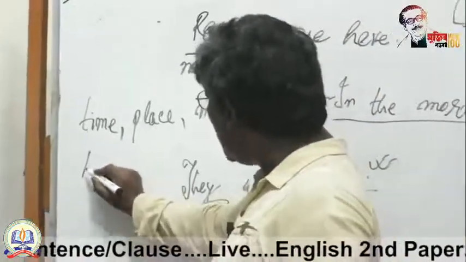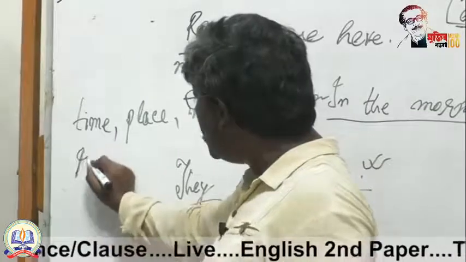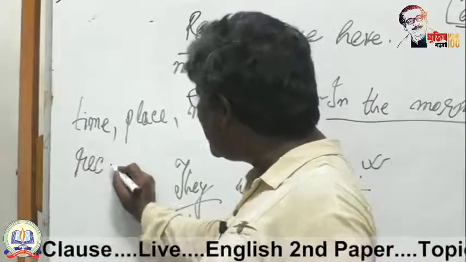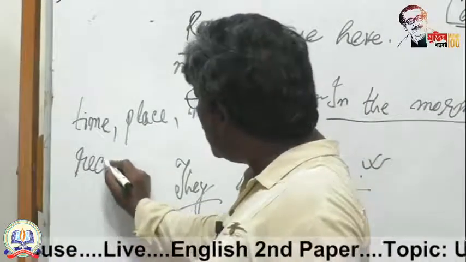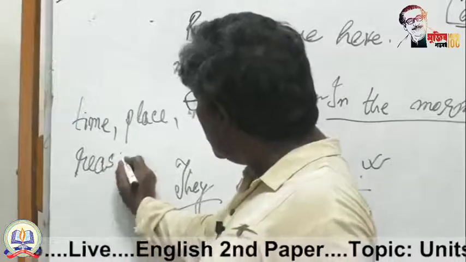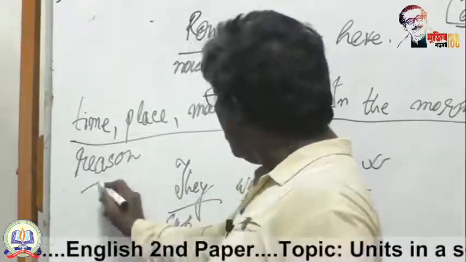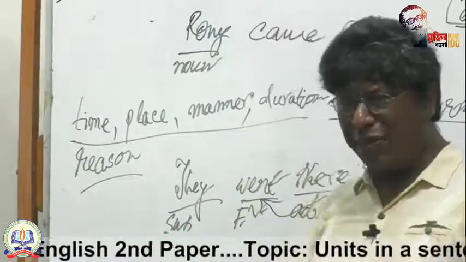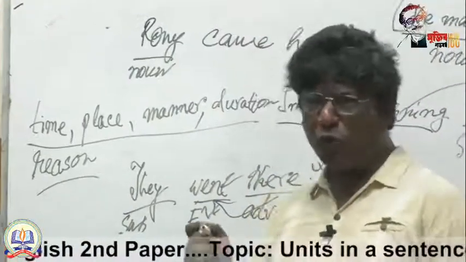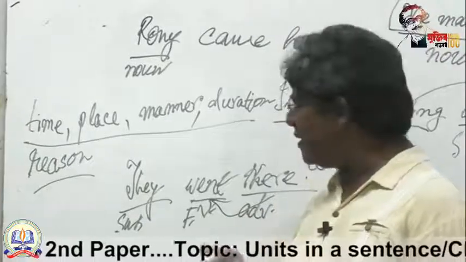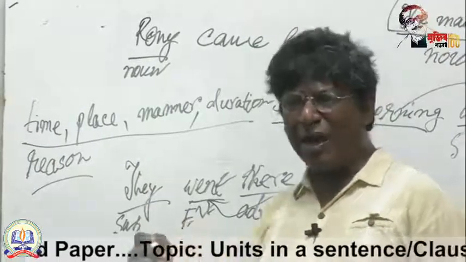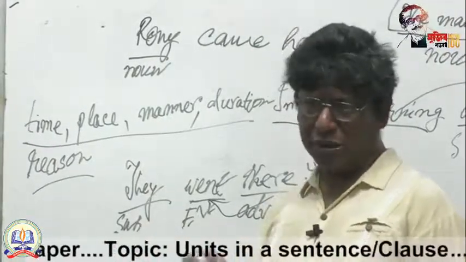He came for food. The reason, why did he come? He came for food. For food gives us the idea why the verb took place.